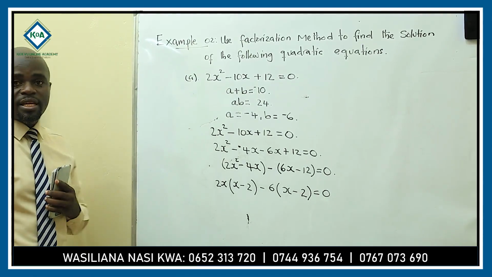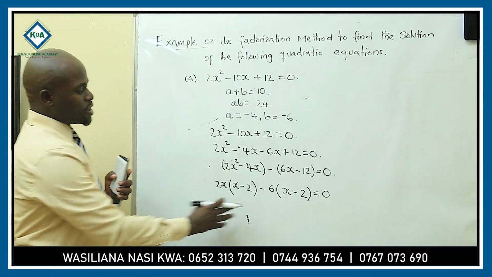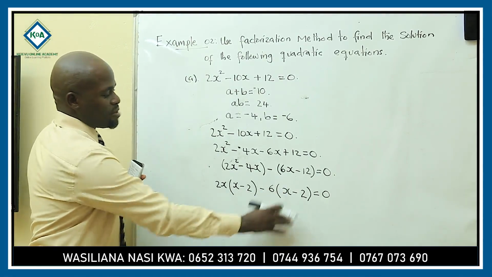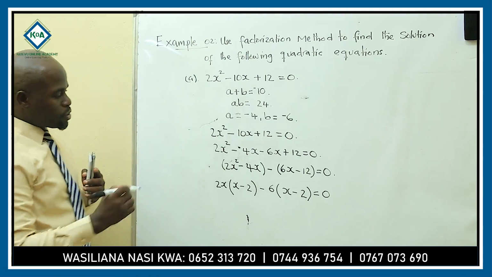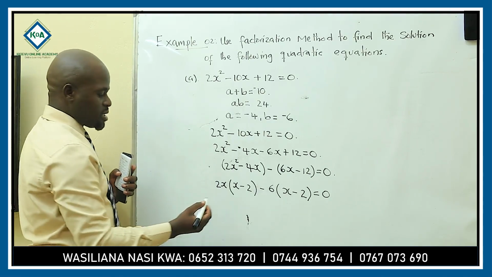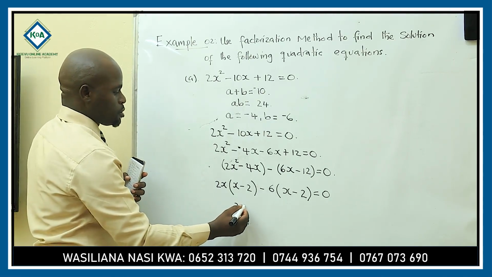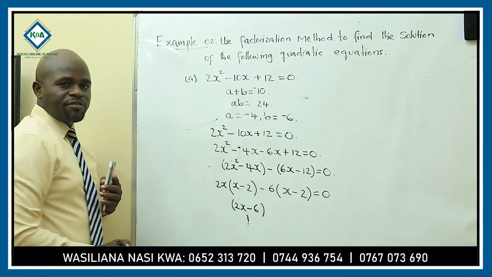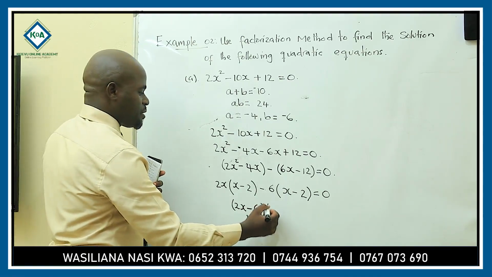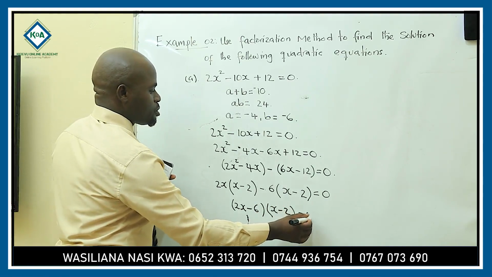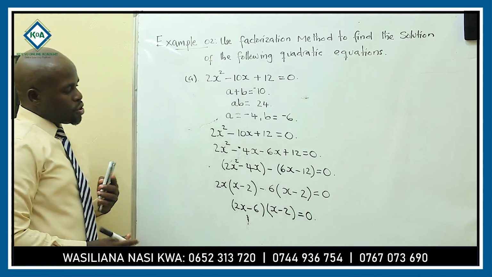Yes, and what I said last time is that after reaching this step, you will find that the two numbers inside the bracket are the same. So our two factors are, first we take the outside numbers, which are 2x minus 6. This will be the first factor, and the second factor will be x minus 2, is equal to 0.